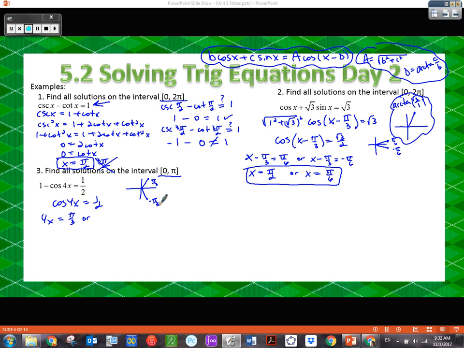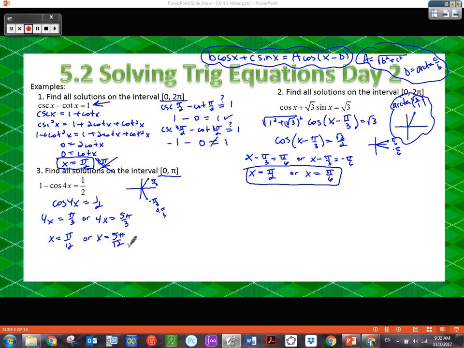It would be 5 pi over 3, right? So I'm going to use 5 pi over 3 instead, or 4x equals 5 pi over 3. Okay, so I want to multiply both sides by 1/4. Right, so x is going to be pi over 12, or x is going to be, multiply by 1/4, 5 pi over 12.